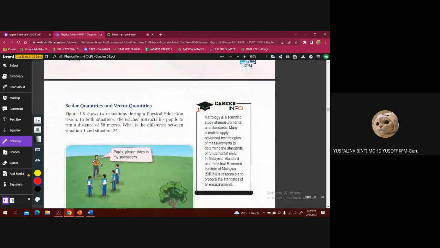So scalar and vector. Scalar must have a magnitude, vector must have a magnitude and also direction. Example, velocity. For velocity, remember if they move to the right, usually we put it as a positive symbol. If they move to the left, we put it as a negative.